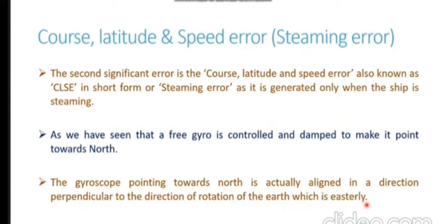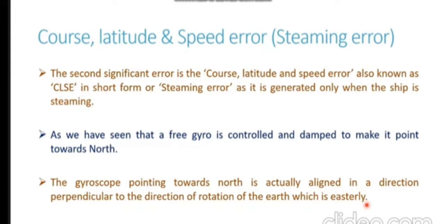To us it appears as if the spin axis of the gyro compass is pointing in the northerly direction, but there is a catch to it. You can view it from a different perspective. Actually, the spin axis of the gyro is pointing in a direction which is perpendicular to the direction of rotation of the earth, which happens to be the northerly direction.